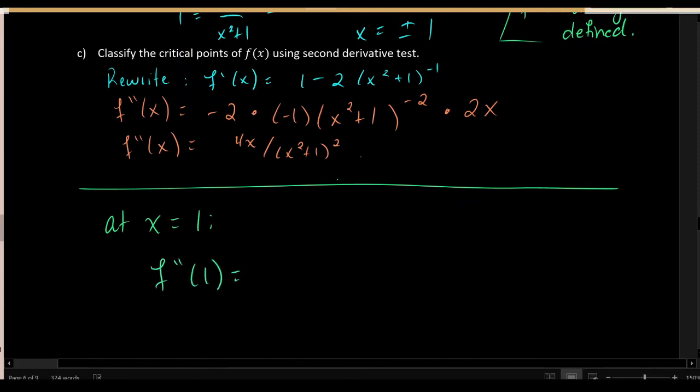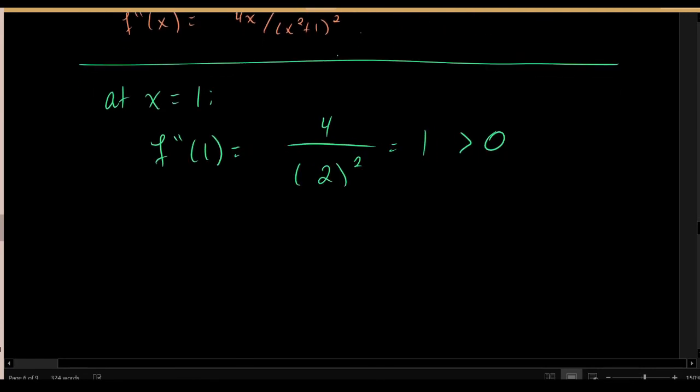Plug 1 into this formula and you get 4 times 1 over 1 plus 1 squared, positive 1 it looks like, which is certainly a positive number. Now let's remind ourselves that this means that the original function f of x is concave up around x equals 1.